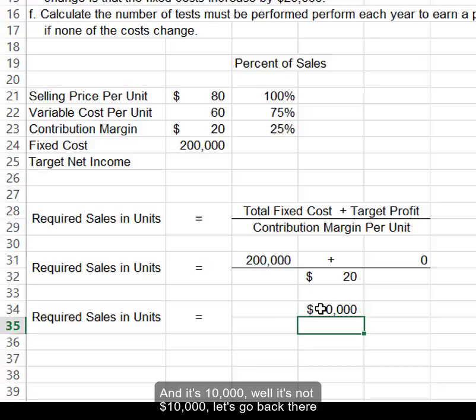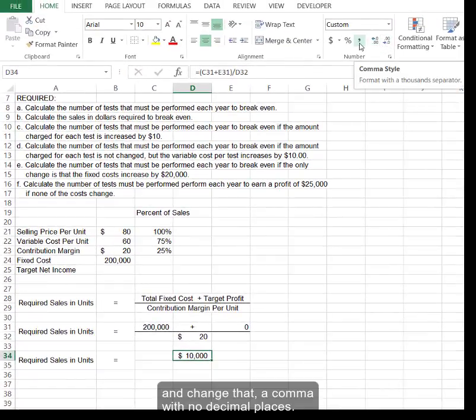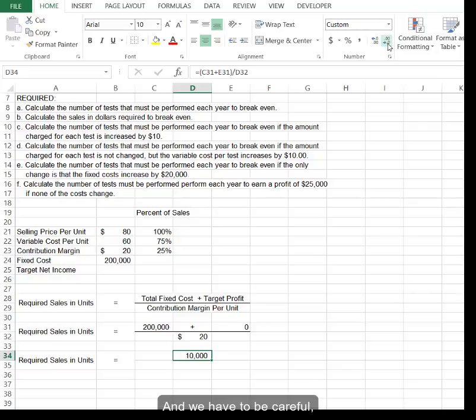Well, it's not $10,000. Let's go back there and change that, a comma with no decimal places. And we have to be careful. Sometimes that formula can come up with a reoccurring decimal. So if we're going to have fixed cost of $10 and a contribution margin of $3, then the answer would be 3.33333 units.